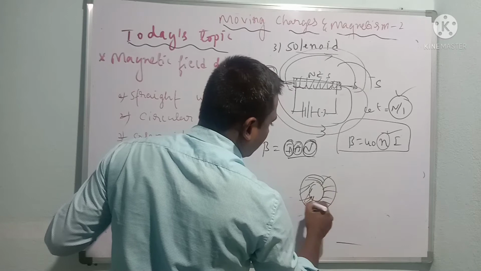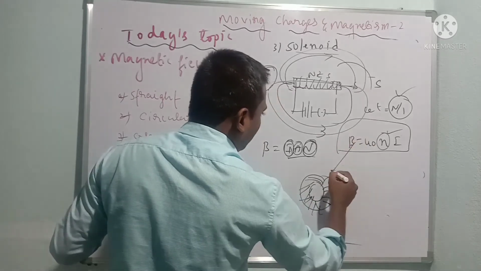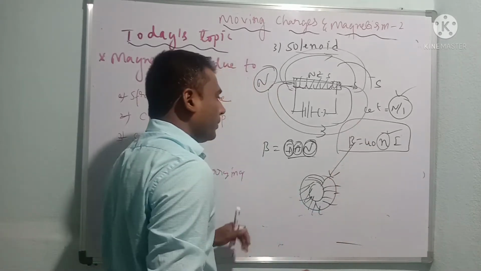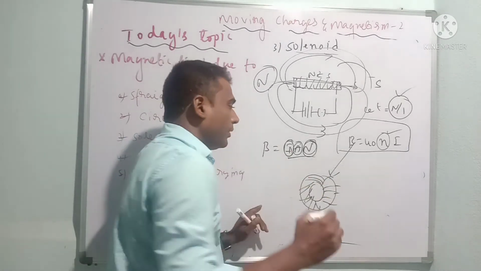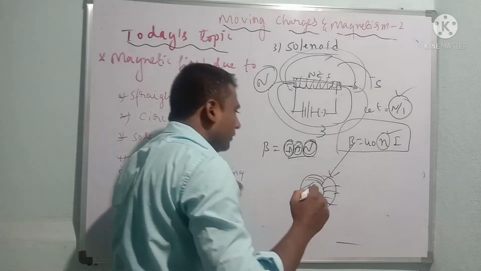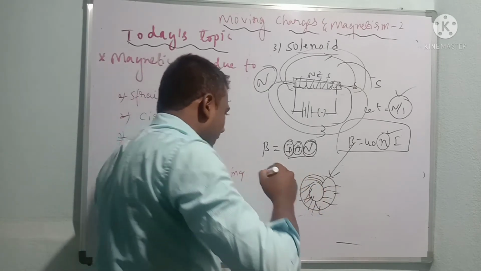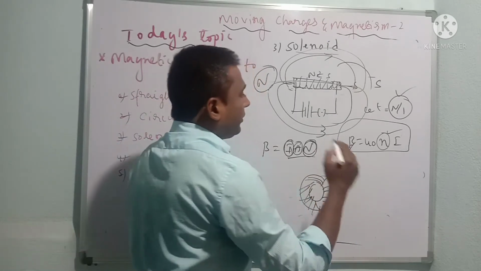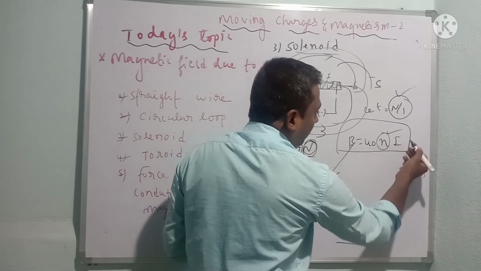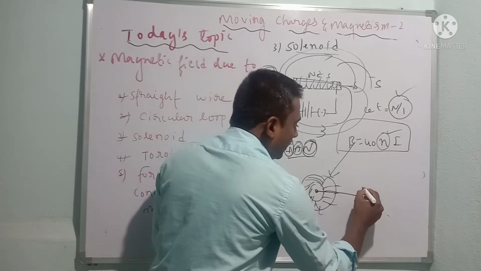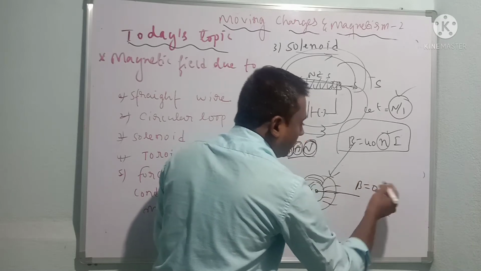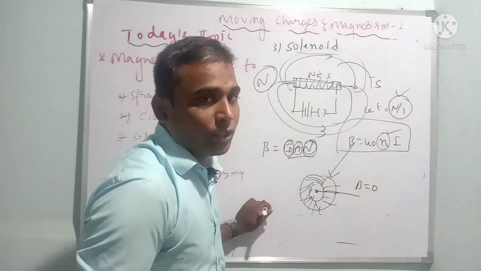Now a toroid, children, is a circular loop which is wound by a large number of copper turns. Here also we can use the same formula. The magnetic field produced by the circular coil is given by B is equal to mu naught n times I. Inside the toroid, the magnetic field is 0 because there is absence of current and no charges are present.